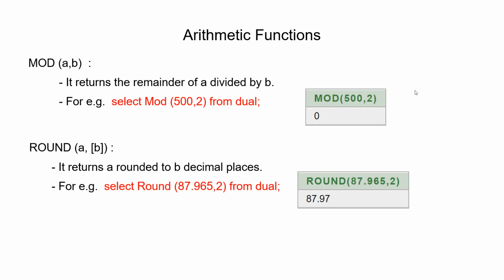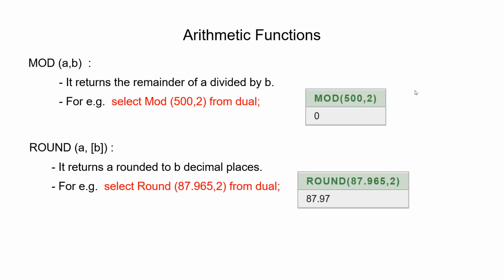Then the next function is round. It is going to round the number to b decimal places. Now in this case, there are two parameters, a comma b. B is written in square brackets, means it is optional. If you have not specified it, it will be considered as 0. But whatever decimal places you specify, according to that it is going to round.